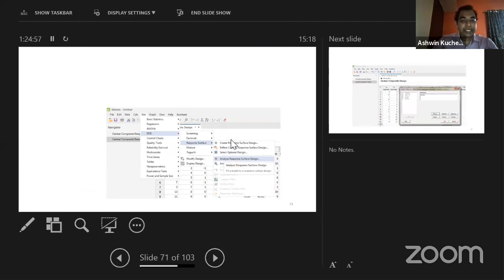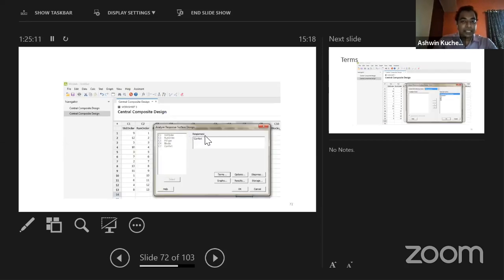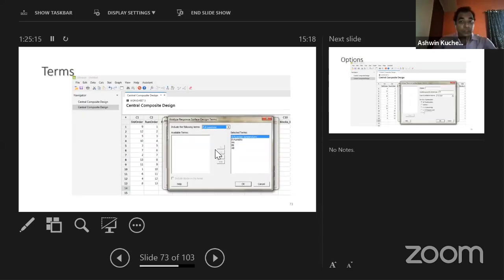There were no categorical factors, and the analysis was done. Analysis is the step where you go into Stat, DOE, Response Surface, and Analyze Response Surface Design. You click on analyze, select the response, that is Y, and then press OK. Then you will get a full quadratic model, because these response surface plots are of a full quadratic model.